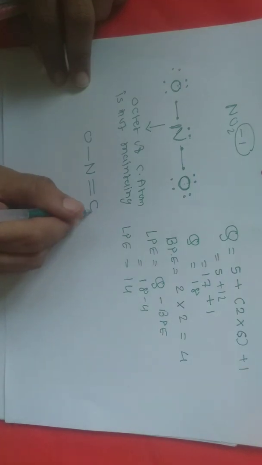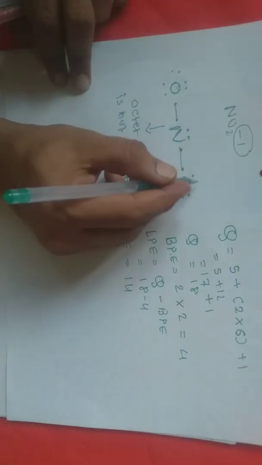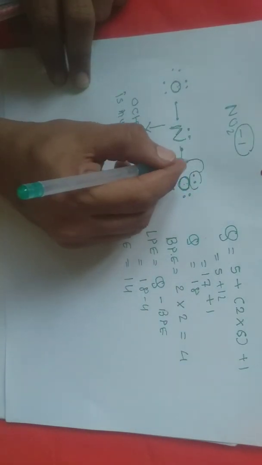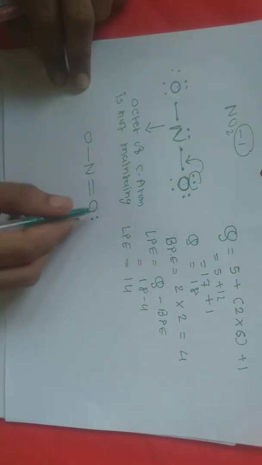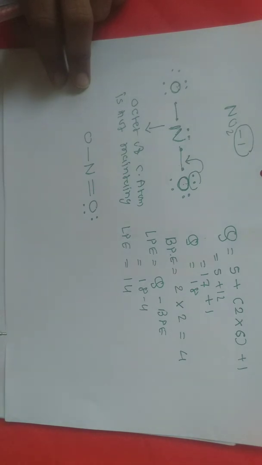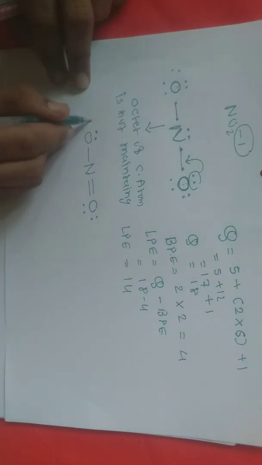So this corner atom is giving its 2 electrons in making this double bond. So now this oxygen has only 4 electrons as lone pair electrons. This oxygen has the same scenario, 6 electrons are there.